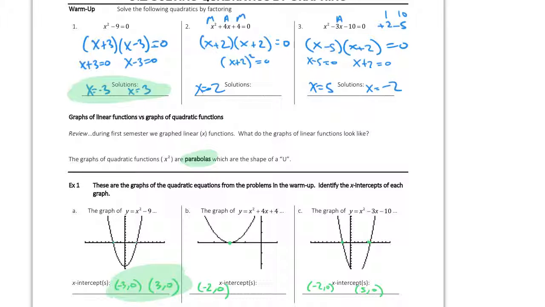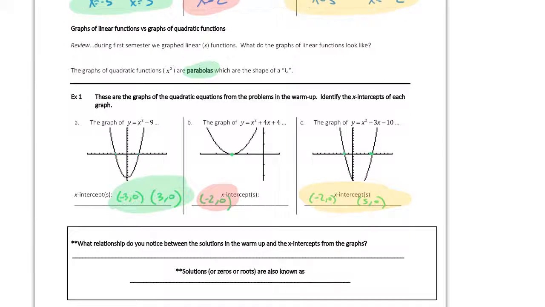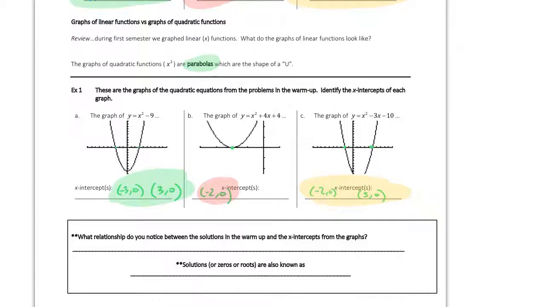In problem 2, my solution was negative 2, and my x-intercept was negative 2. And in problem 3, my solutions were 5 and negative 2, and my x-intercepts were 5 and negative 2. See how they're the same? At the bottom of the page, what relationship do you notice between the solutions in the warm-up and the x-intercepts from the graph? They are the same.